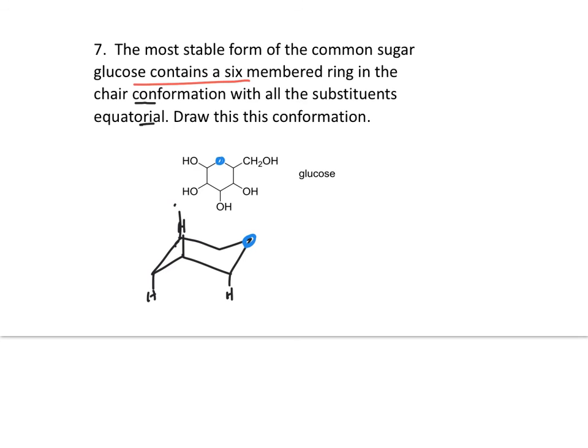Up, down, and then let's call this one here, and this would be equatorial CH2OH, and that would be equatorial up, and then this OH here would be equatorial down.